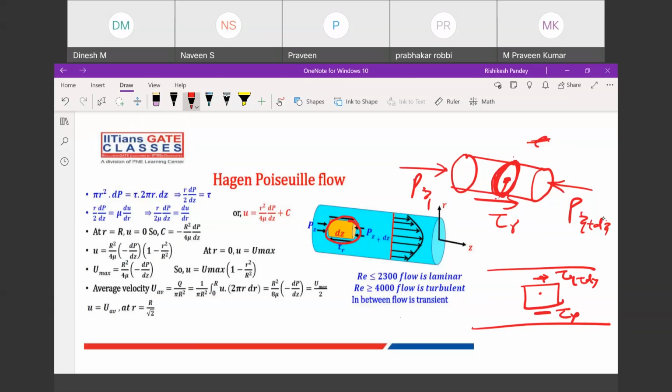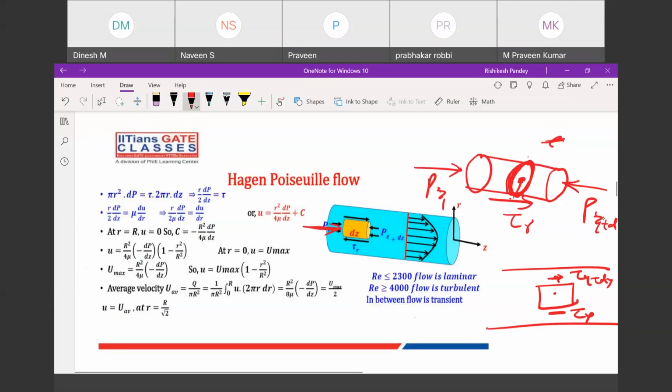Now again we can do the force balance in the Z direction. Same thing: pressure multiplied by this area. Now this area is what? A circle, so pi r squared. The radius of this small fluid element is r. So pi r squared is the area, multiplied by dP, the pressure change in this direction.